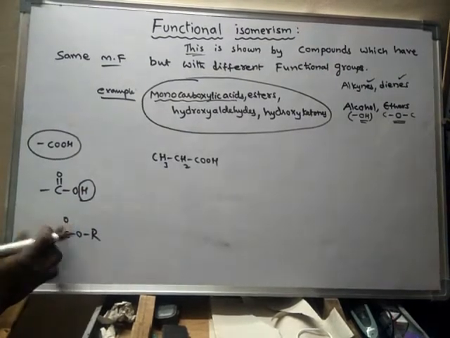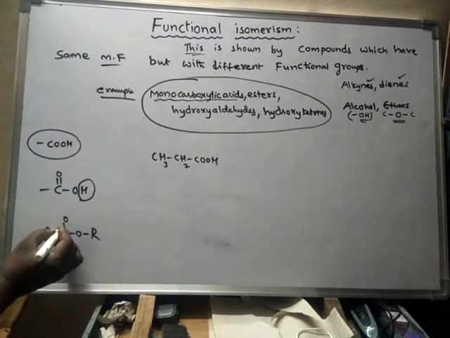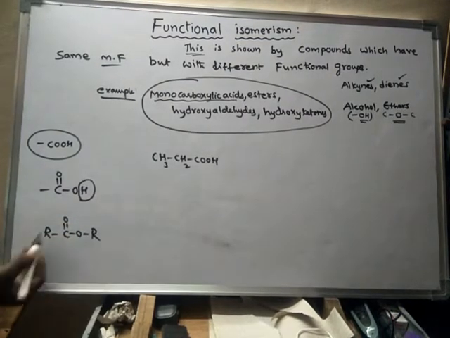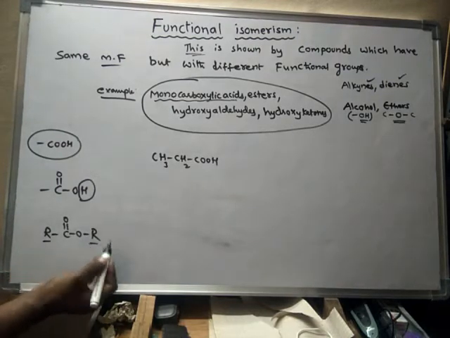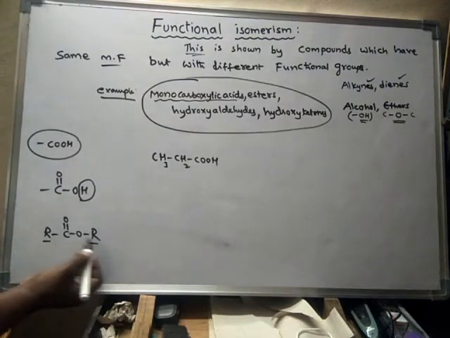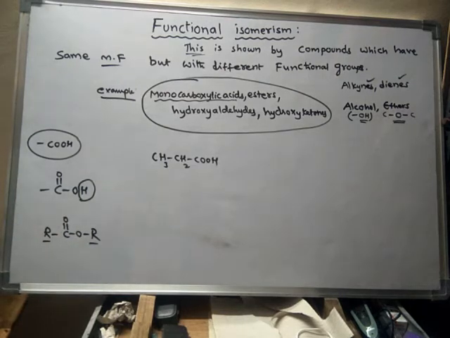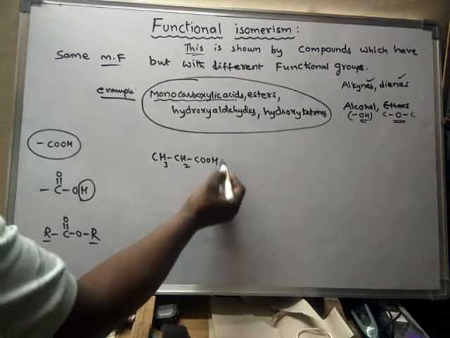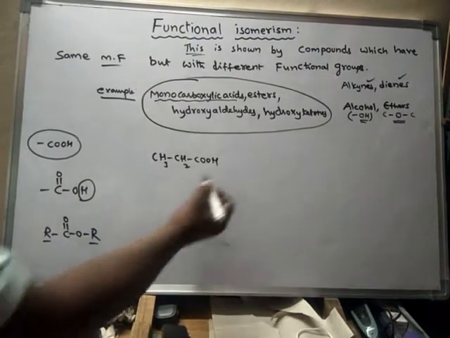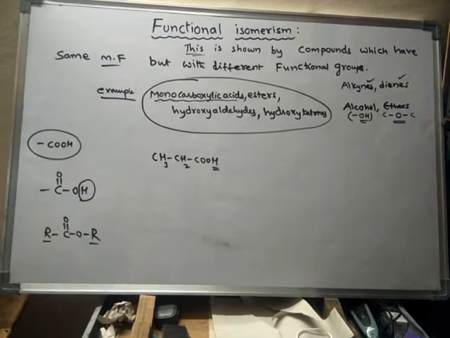R means any alkyl group. This one is also any alkyl group. Sometimes these two are equal, or else they may differ. So here, this is acid. COOH group is present. Here H is present, hence it is an acid.